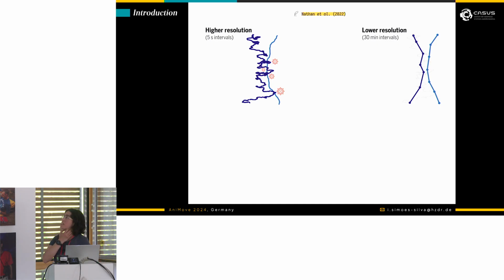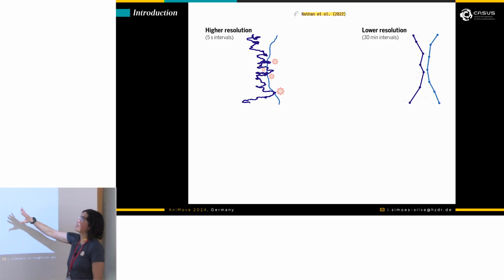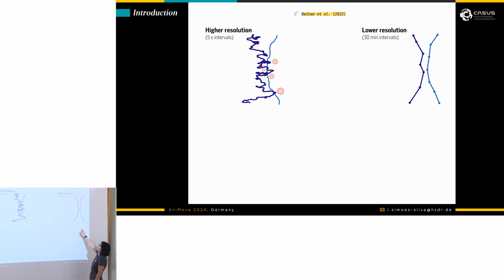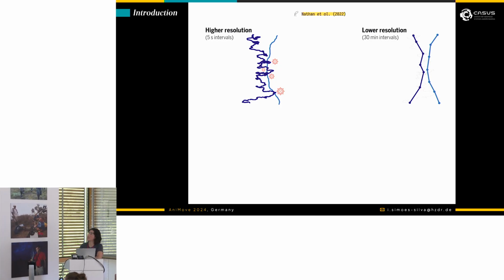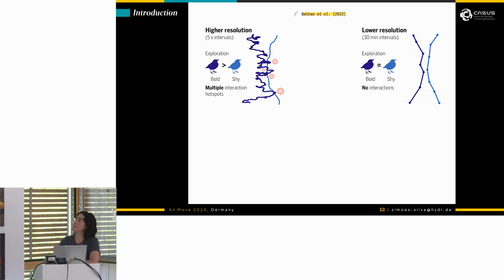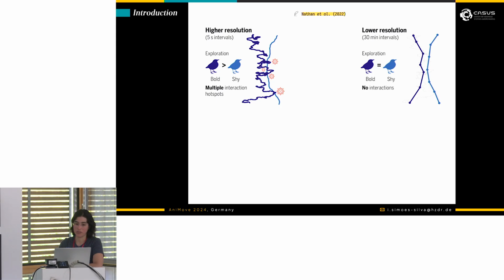So I also really like this picture. This is from Nathan in the 2022 paper that just talks about movement ecology as a big data field. But basically, we have the same underlying data, but one with low resolution, 30 minutes interval, and one with high resolution, 5-second interval between locations for the same individual. And obviously, you can see that for the high resolution, we're getting a lot more tortuosity of the movement versus the lower resolution.